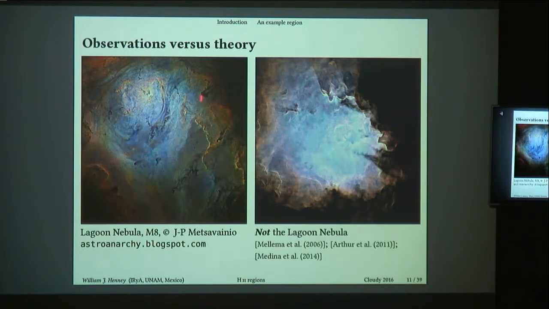Here on the left we have the Lagoon Nebula. This has actually been processed, so this is certainly reality in scare quotes, because this amateur astronomer went to the trouble of removing all the stars from this image, which was a very impressive feat. It was great because we can compare it with our observations without having to put the stars in our simulations.